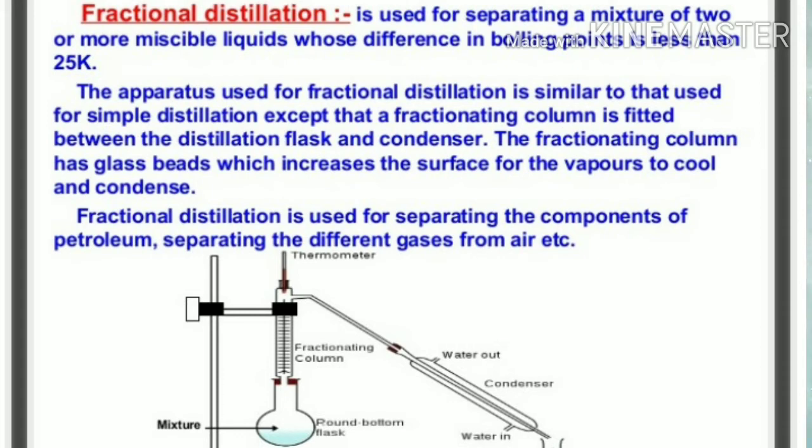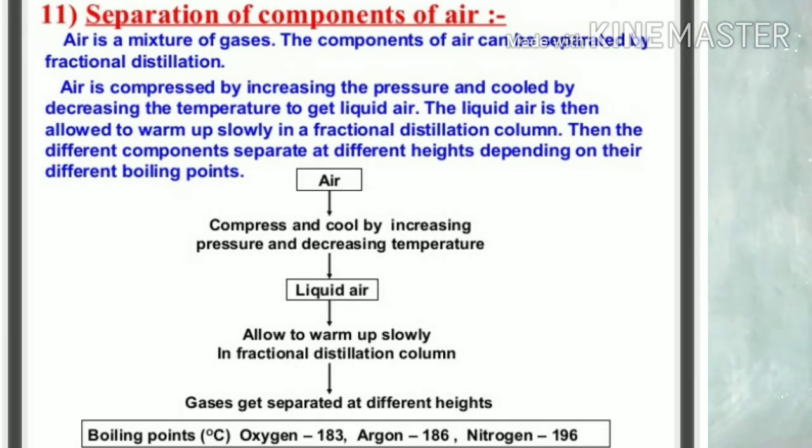The fractionating column is filled with glass beads, which increase the surface for the vapors to cool down and condense. Fractional distillation is used for separating the components of petroleum and also to separate the different gases from air.